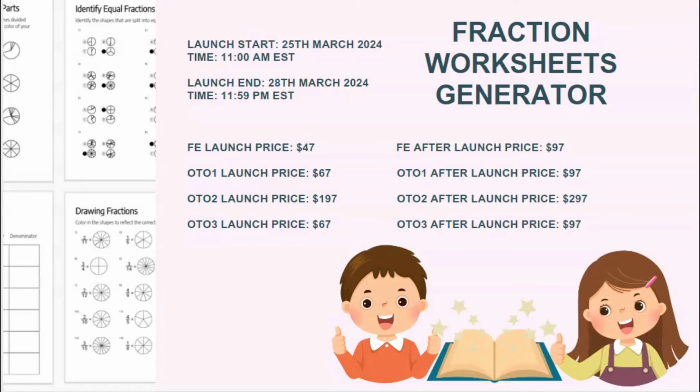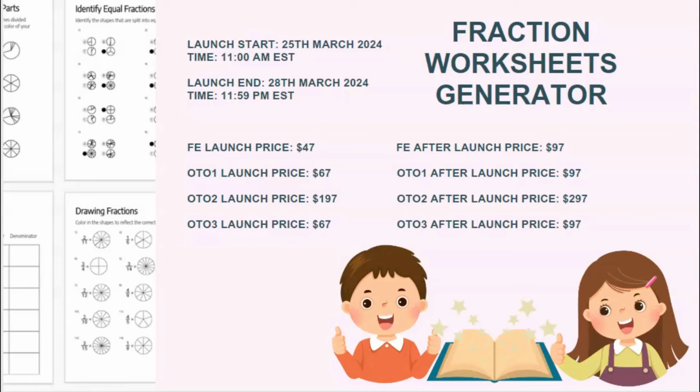But then, of course, there are upgrades to this software. So there is a one-time offer 1, which is the first upgrade, and that lets you do other stuff with the app which you wouldn't be able to do in the front end. So, for example, things like bulk cloning of your pages. That would help you create whole books in a relatively short space of time. And you can also have unlimited downloads.